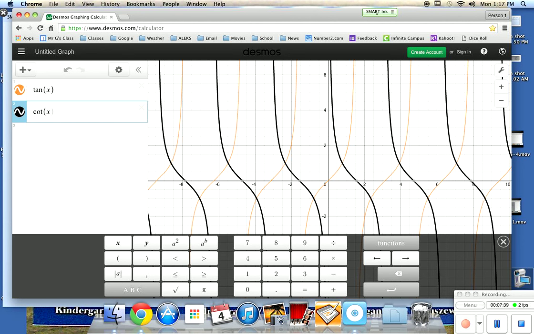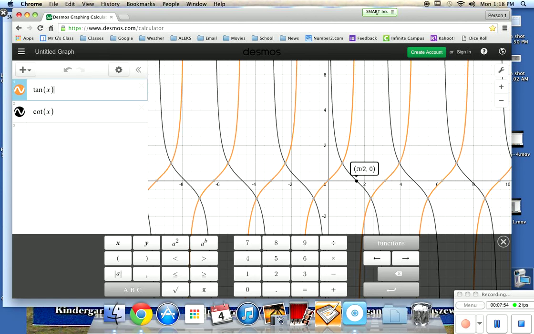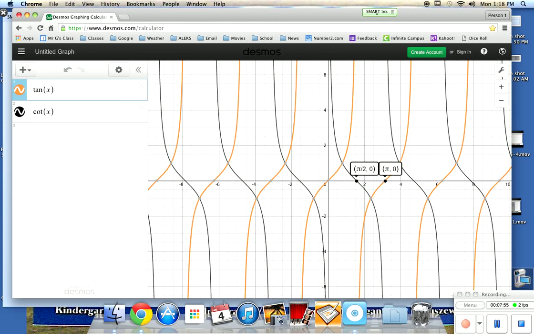It's shifted 90 degrees over, and it's also going the opposite direction. That's our cotangent. So that's the first things we have to understand, and Desmos is going to help you understand that as you work through this.